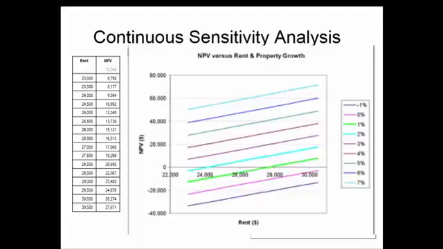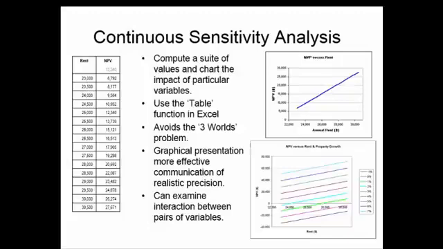Again, if we look at the traces on these charts, we can select a particular choice of property growth, and that gives us one of the lines on the chart, and from that and a selection of rental, we're able to see what the NPV is. The advantage of the three-dimensional charts, that is two independent variables and one dependent variable, is that we're able to look at the interaction between variables.